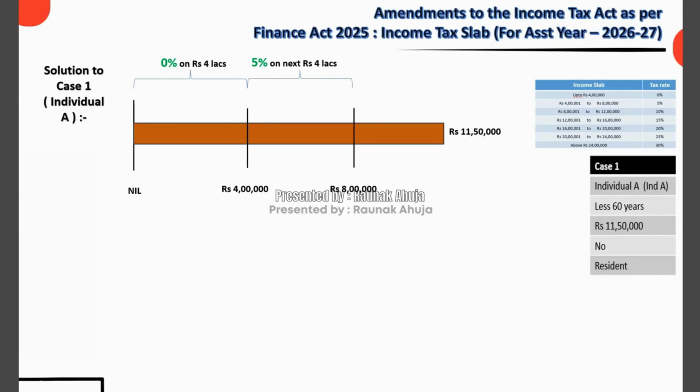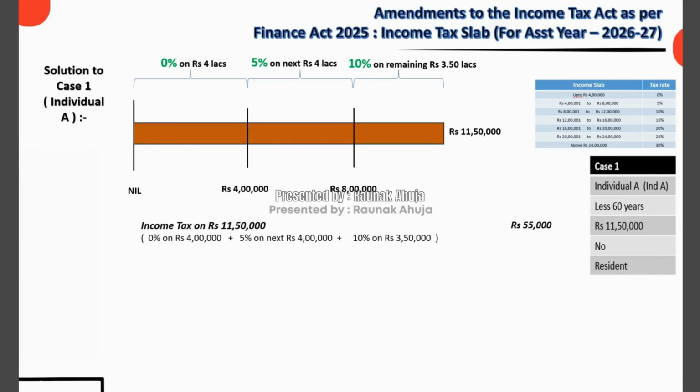On the next 4 lakhs, 5%. And since the total income is less than 12 lakhs, on the remaining 3 lakh 50,000, 10% of tax would be applicable. So, basic income tax on 11 lakh 50,000 would be 55,000.